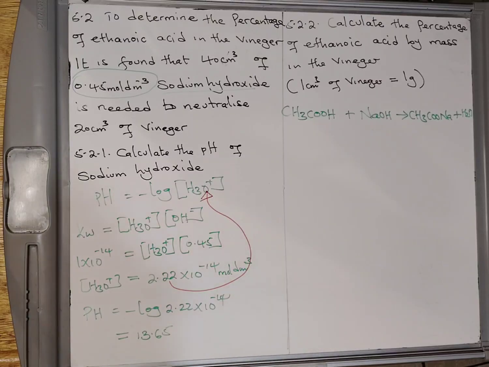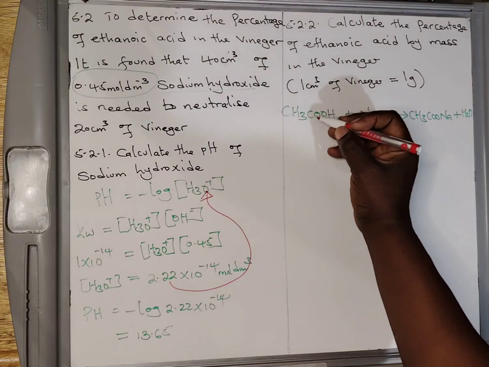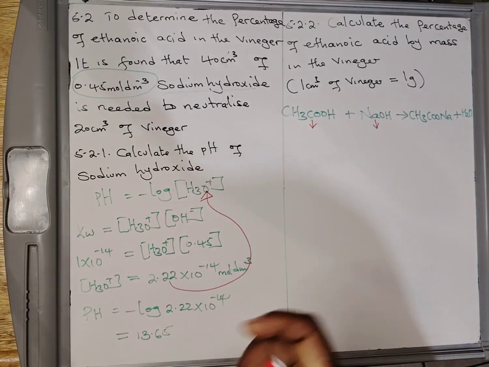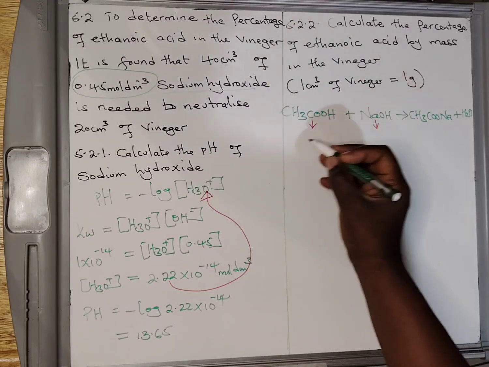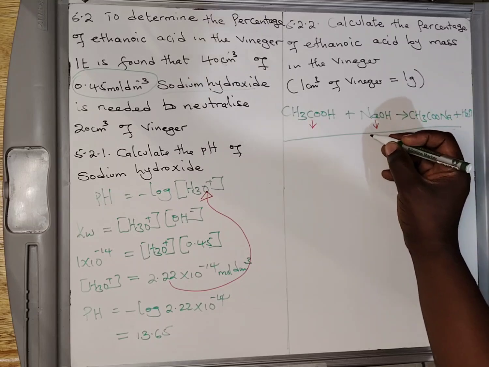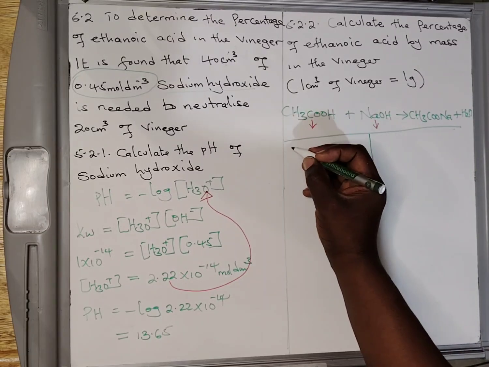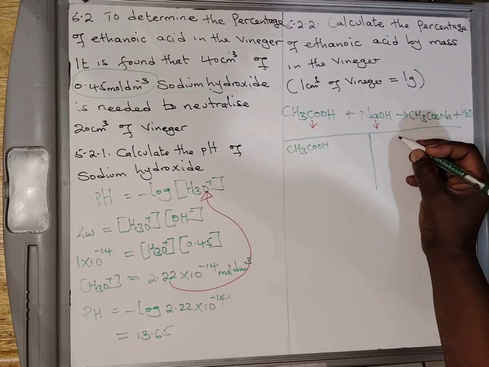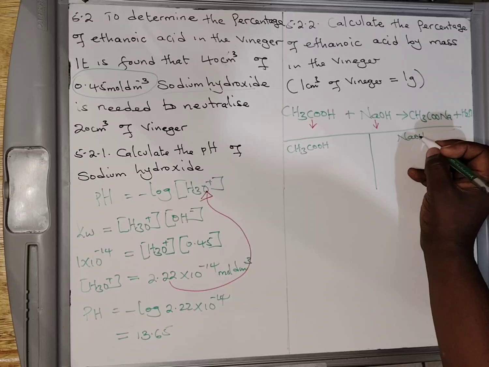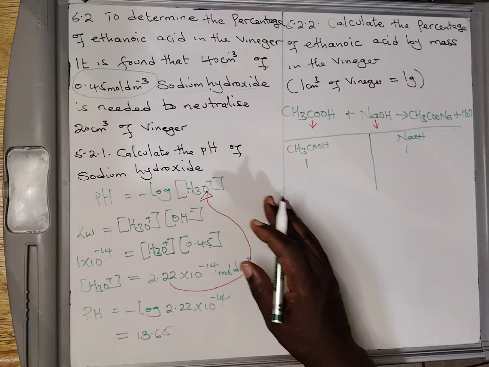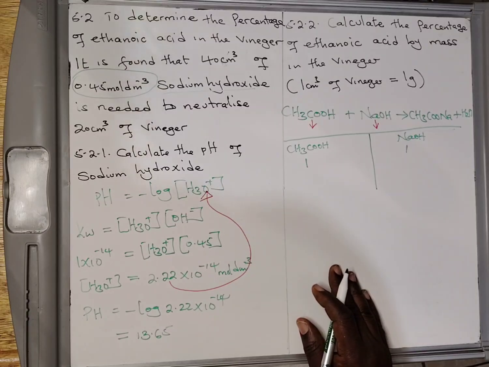You have to earmark that our interest is how these two are interacting. So we are going to divide this into two sides. This side we have ethanoic acid, that side sodium hydroxide. The ratio is 1 to 1. Remember we have to move from known to unknown. Our known is sodium hydroxide.